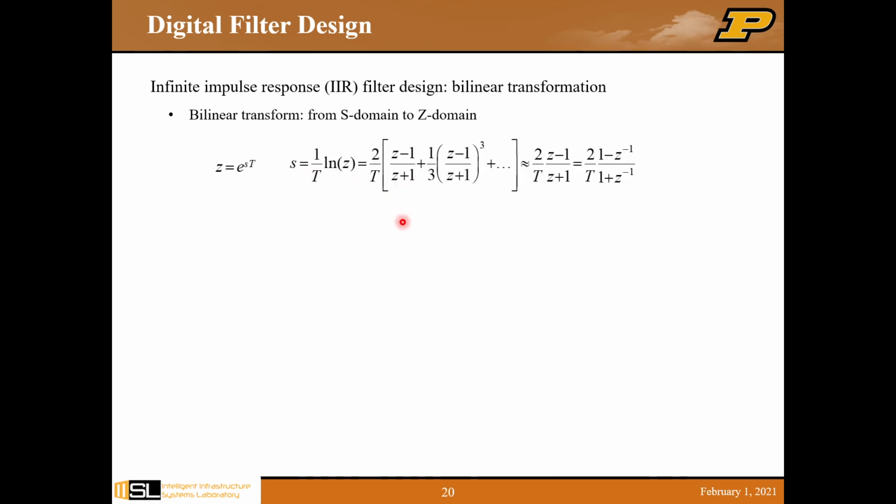By some derivation, and approximately picking just the first term of the expansion, we can obtain that s is approximately equal to 2 divided by T times (1 minus z^-1) divided by (1 plus z^-1).